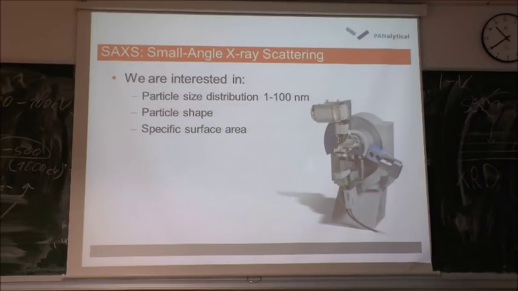We can analyze their shape and specific area. So this is not a diffraction event, this is a scattering event. It's just like the many particle size analyzers at the institute. They use a laser light and shine it on the suspension, and then according to the size and the shape you see the scattering.